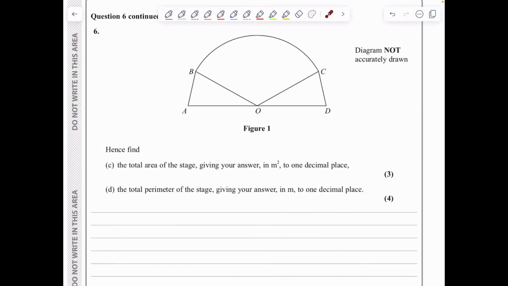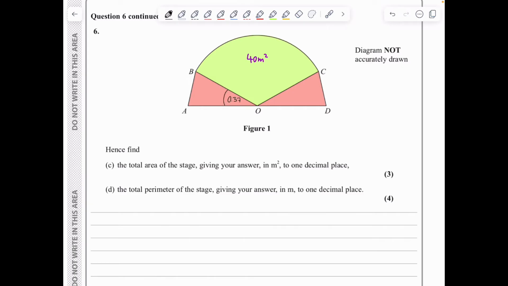In part C, we need to find the total area of the stage, giving our answer in square meters to 1 dp. So we've got the area of the sector and the area of the two congruent triangles. We have already been given that the area of the sector is 40 square meters. We have found that angle BOA is 0.37.